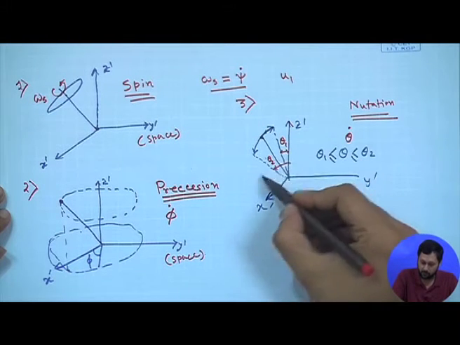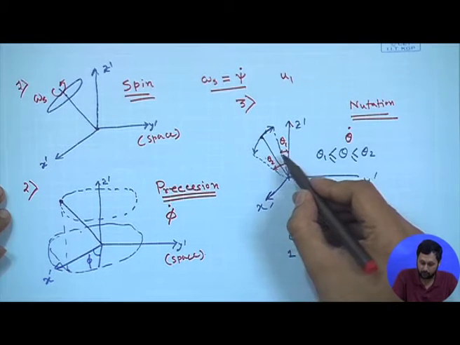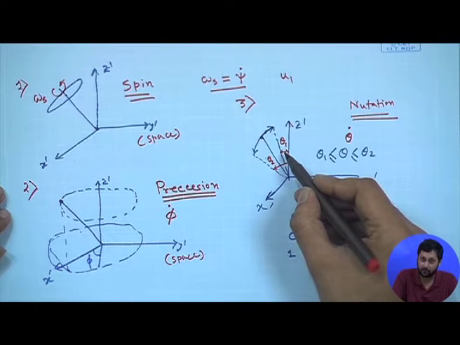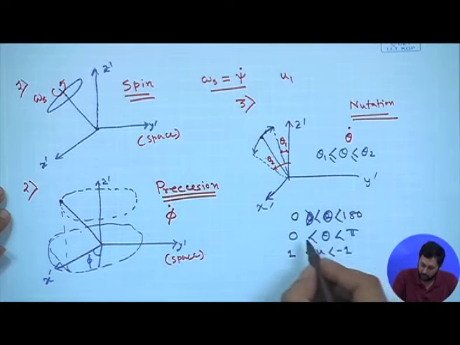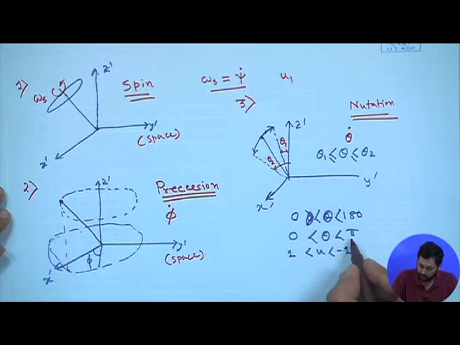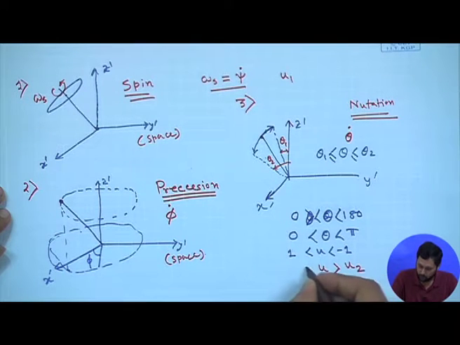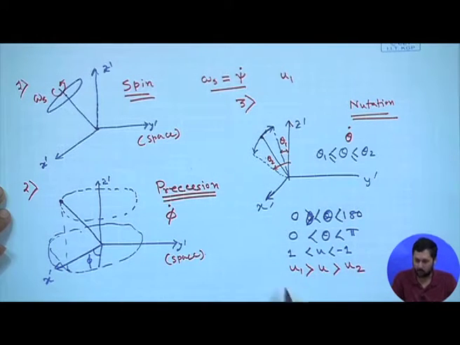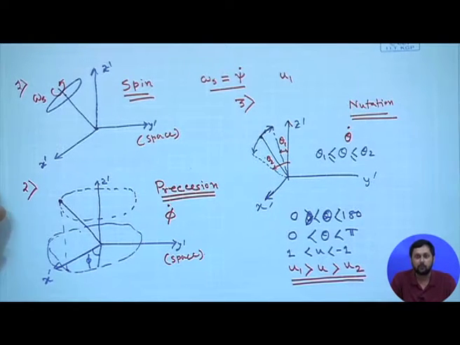But please remember u is cos theta, and with increasing theta, cos theta decreases. So, the limit of theta is between 0 and pi, and the limit of u has to be between u2 and u1. So, u1 is greater, u2 is less. These are the physical range of u in which we can have a physically possible motion of the top.